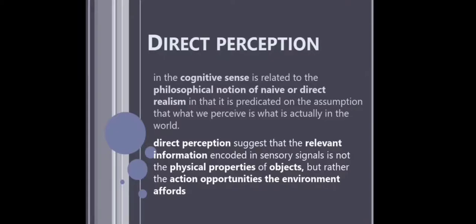Direct perception in the cognitive sense is related to the philosophical notion of naive or direct realism in that it is predicated on the assumption that what we perceive is what is actually in the world. Direct perception suggests that the relevant information encoded in sensory signals is not the physical properties of objects, but rather the opportunities the environment affords.